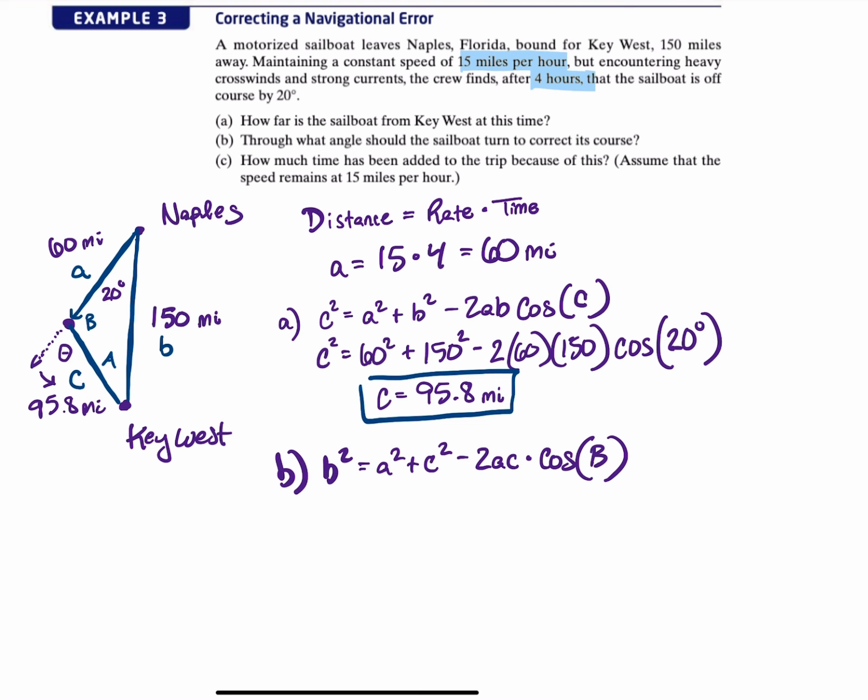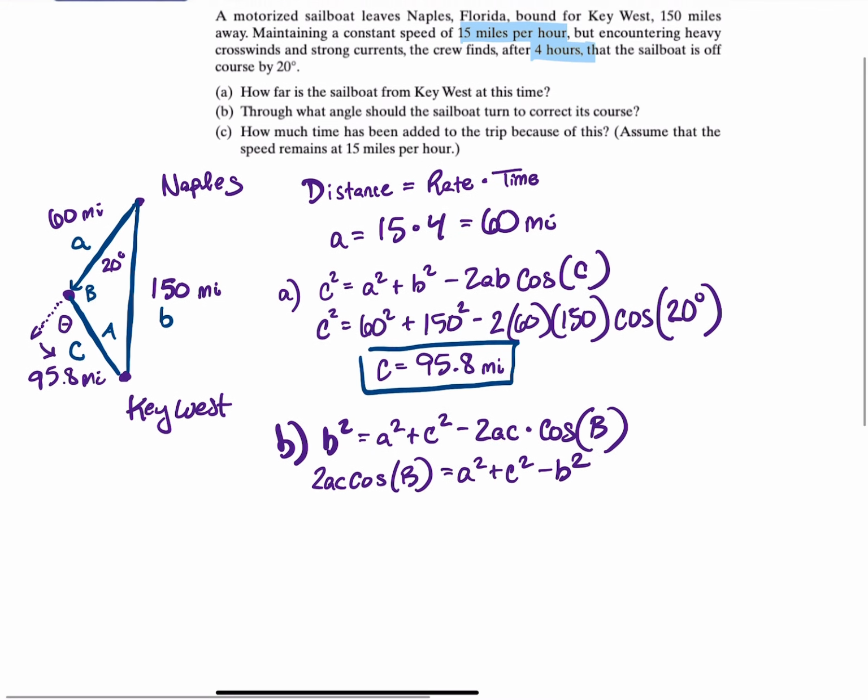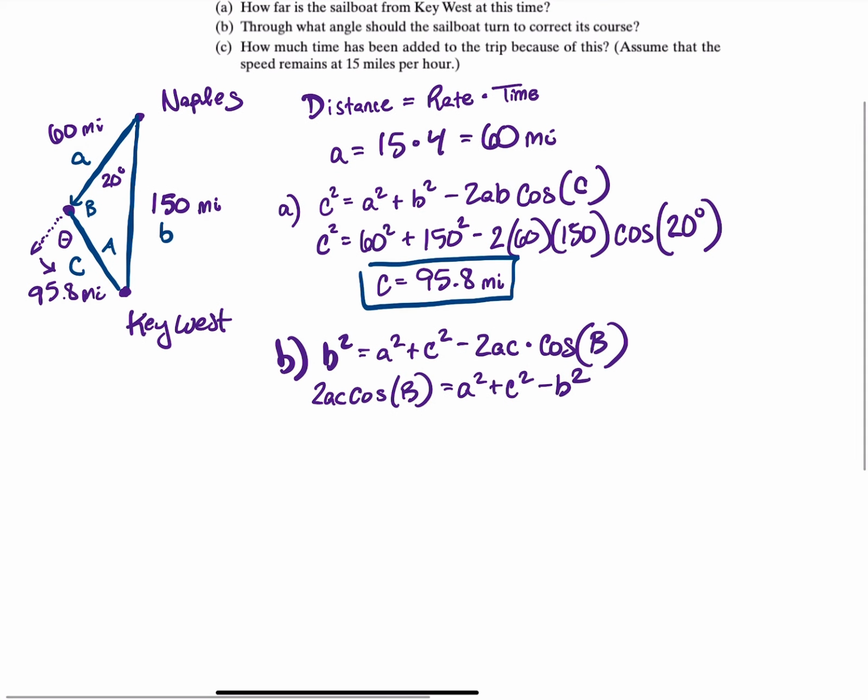So if we rearrange everything, I'll add the 2ac cosine B over, subtract that b squared, then I'll divide by 2ac, so a squared plus c squared minus b squared divided by 2ac.